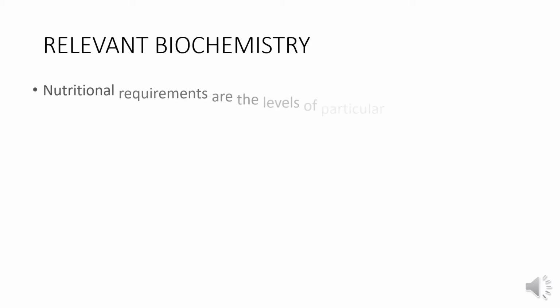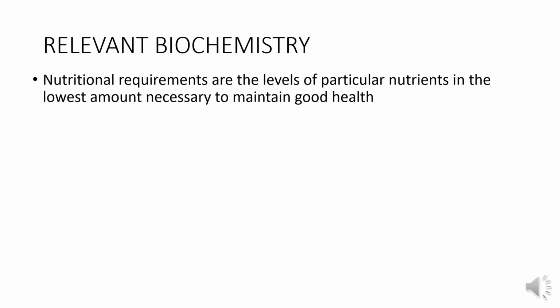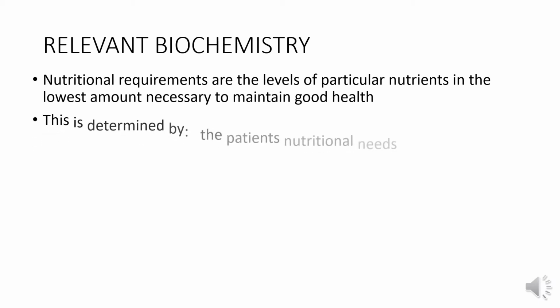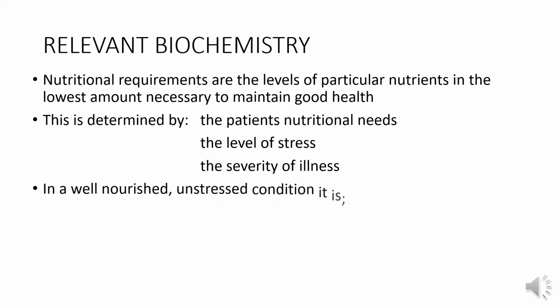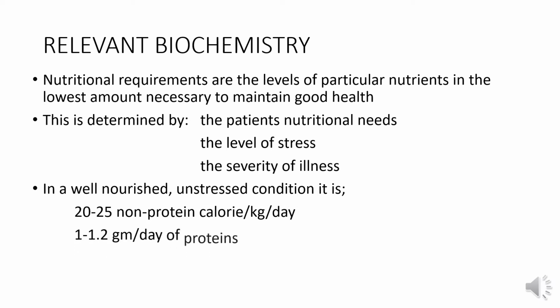Relevant biochemistry. Nutritional requirements are levels of particular nutrients in the lowest amount necessary to maintain good health. And this is determined by the patient's nutritional needs, level of stress, the severity of illness. In a well-nourished, unstressed condition, it is 20 to 25 non-protein calories per kilogram per day and 1 to 1.2 gram per day of proteins.